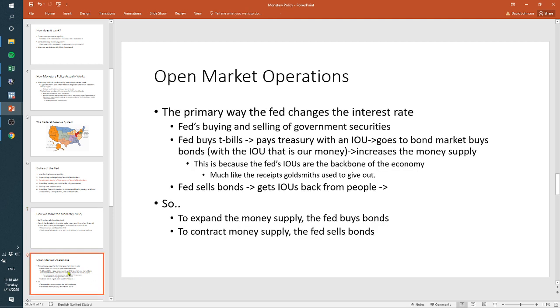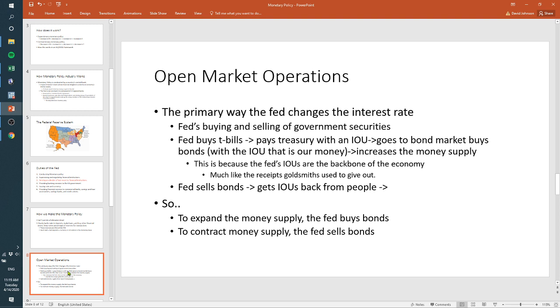The first one, and the most commonly used tool by the Fed, is open market operations. This is the primary way that the Federal Reserve changes the interest rate, which changes the value of money, which changes investment, which changes GDP, which changes unemployment, which can get us out of a recession or out of an inflationary gap.